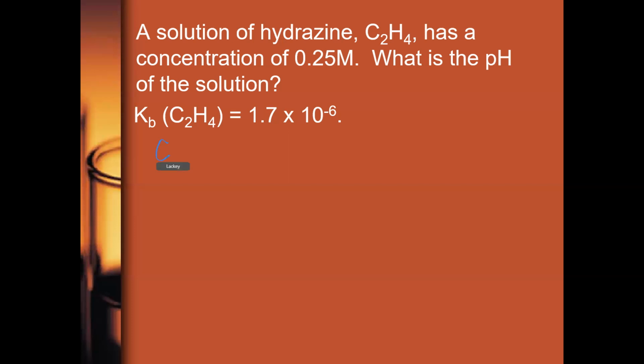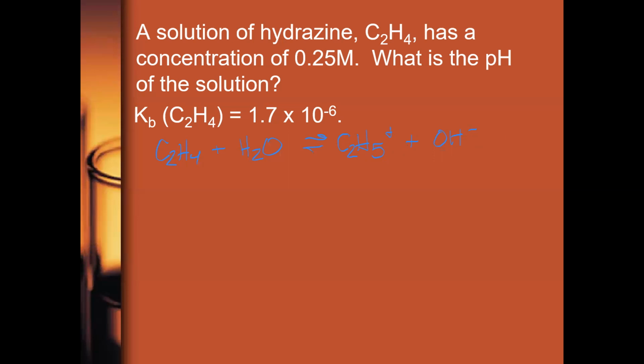So C2H4, bases also go in water. But remember that bases gain a hydrogen. So this will end up being C2H5 plus, and then hydroxide is what's left over in that water.